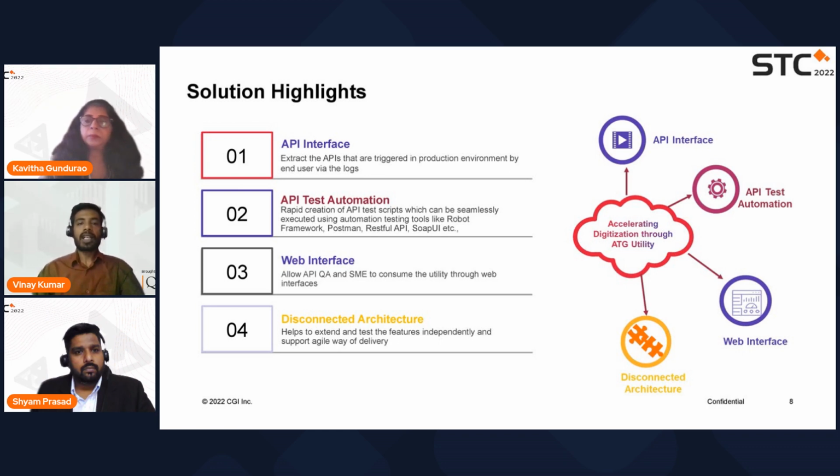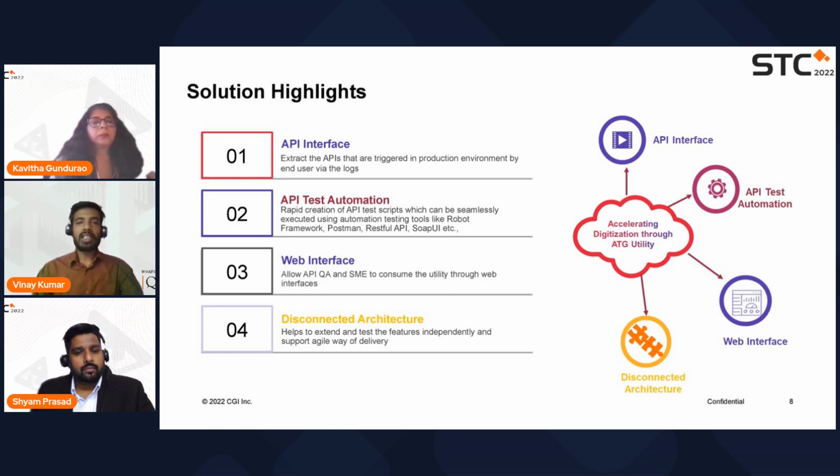Then it creates test cases. Once the test case creation is done, we do one round of manual sanity testing to ensure that the payloads, headers, and API calls that have been captured are working perfectly fine.